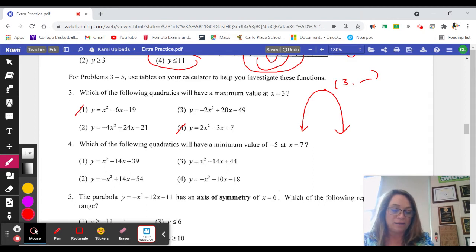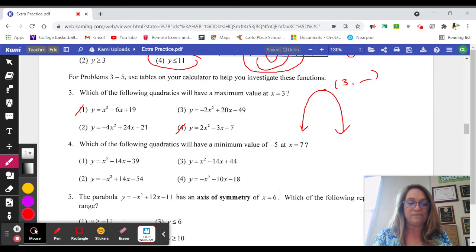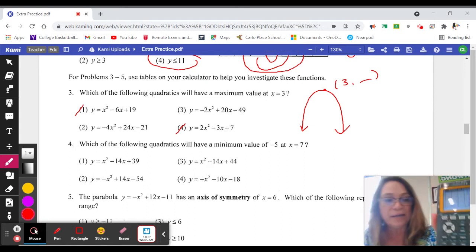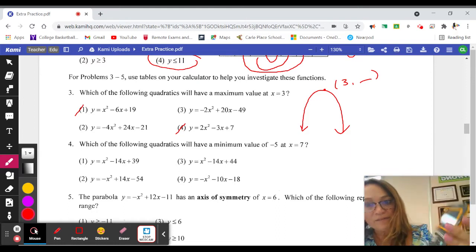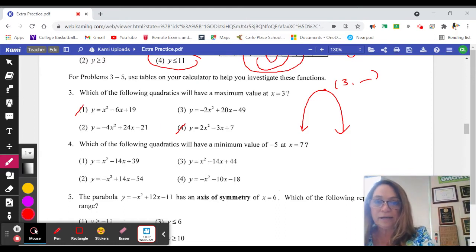So I'm going to try choice 2, and I'm going to type it into my y equals: negative 4x squared plus 24x, subtract 21. Second graph is table. And if I look on my table, it's 3 comma 15. Can you see that, I hope? 3 comma 15. So this is correct.